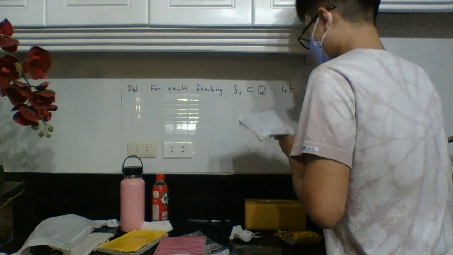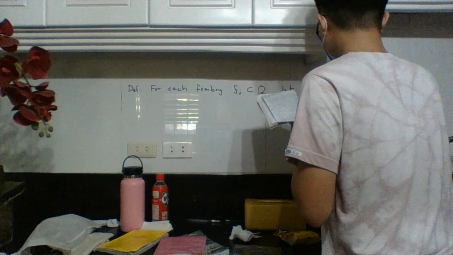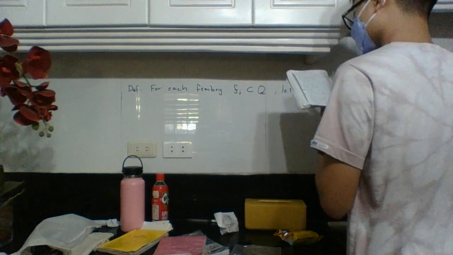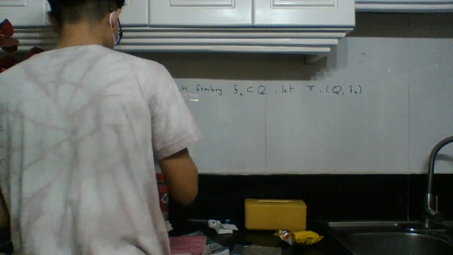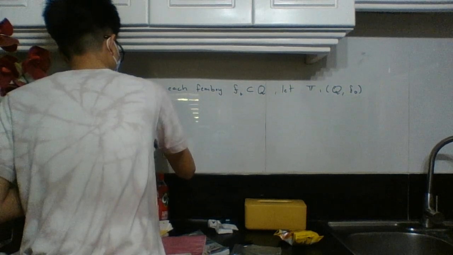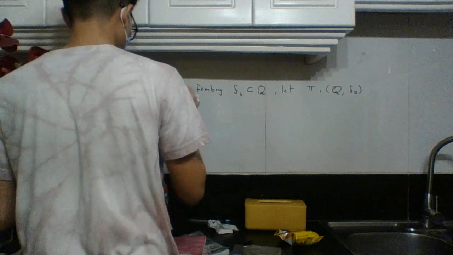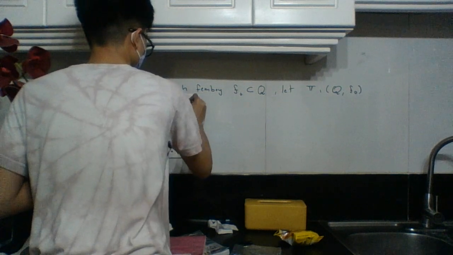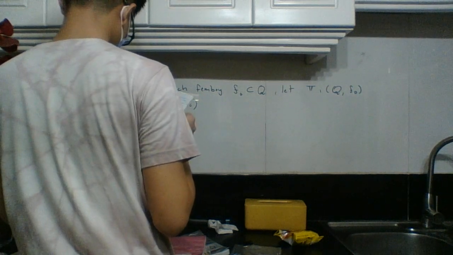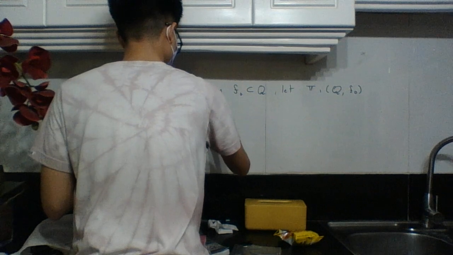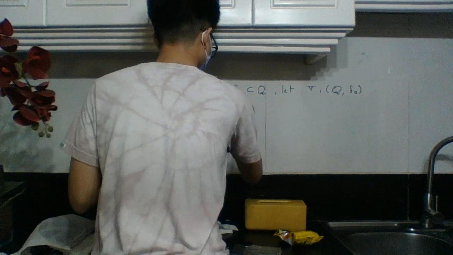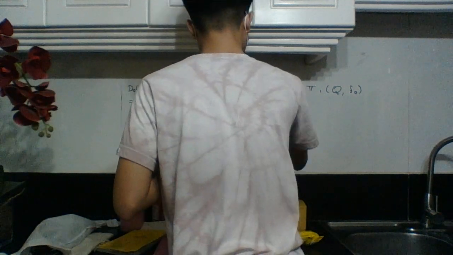Let pi 1 of Q at the base femboy, oh no, sorry, this is F0, be defined as the set of all representations F or alpha in the curly P of Q, such that F of 0, or alpha of 0, is equal to alpha of 1, is equal to just F0.